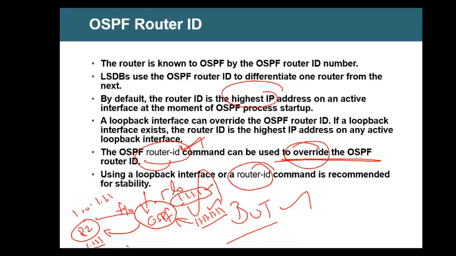So I accept your configuration, but I cannot use it immediately. When will you use it? When the OSPF process starts. When will the OSPF process start? You can clear the OSPF process and start it, or when the router reloads.